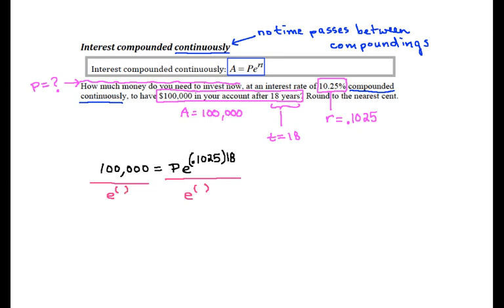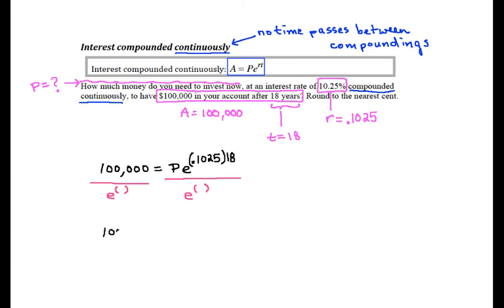I'm going to leave everything symbolic so that I can get the calculator to do everything at once. It's that rounding error thing again. If I round off 0.1025 times 18, I'm probably going to have some rounding error that would cause problems.